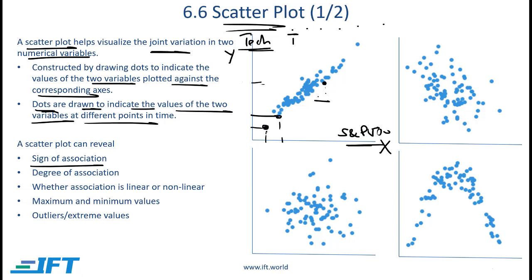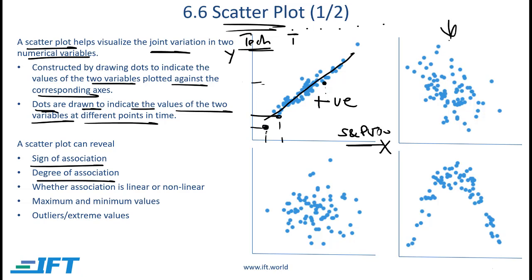Here we clearly have a positive association, in the sense that when the x variable goes up, the y variable is also going up. We also get a sense for the degree of association. What we see here is a pretty strong positive association, so the degree of association is high.